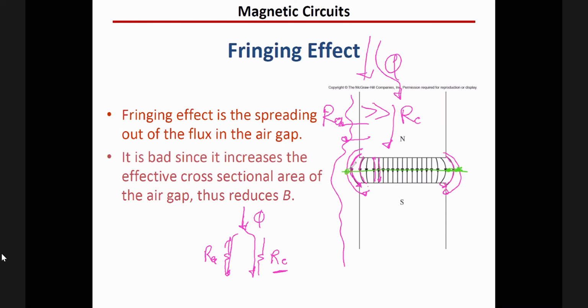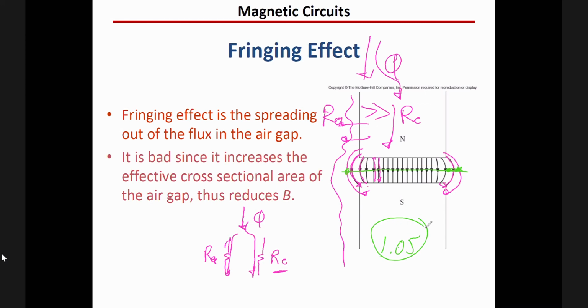And this will affect, for example, the flux density, and we will come to this later. Usually the fringing effect is represented by a percentage. So for example, if I say that the fringing factor is 1.05, what does that mean to you here? We multiply it by the area.